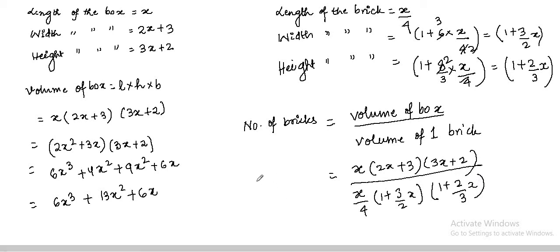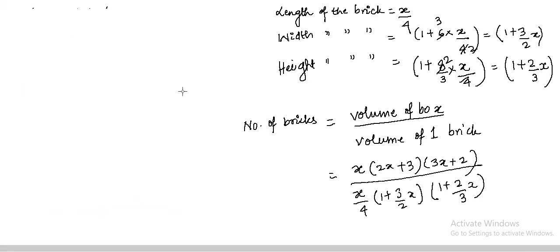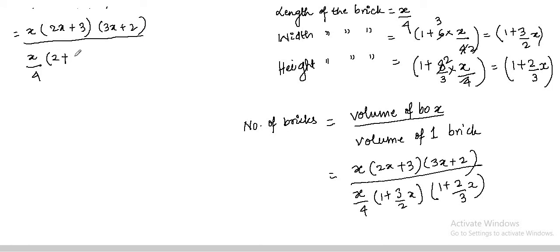Simplify this, and you get x into 2x plus 3 into 3x plus 2 divided by x by 4, where the second term becomes 2 plus 3x by 2, and the third term becomes 3 plus 2x by 3.